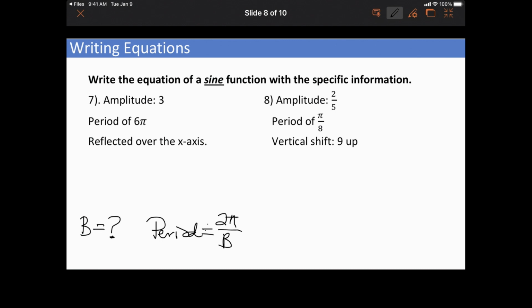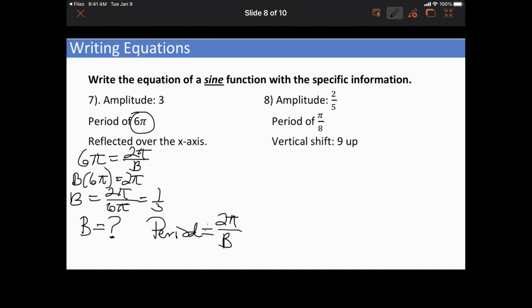So our period is 6 pi equals 2 pi over B. So we're going to cross multiply. So that's going to be B times 6 pi equals 2 pi, and then dividing, B equals 2 pi divided by 6 pi equals 1/3.